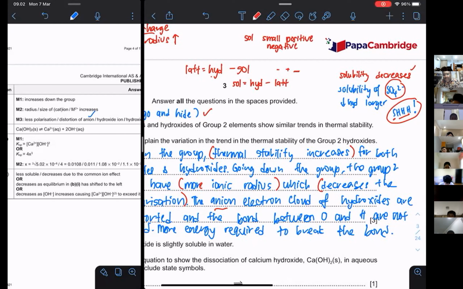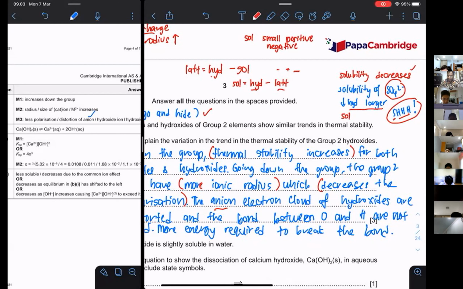If the solubility decreases, it means your enthalpy of solution is going to become more positive.